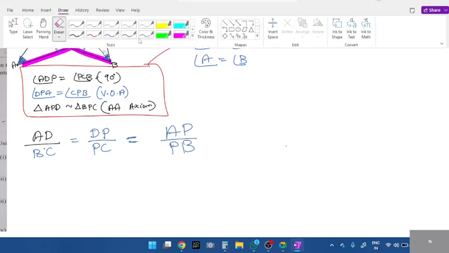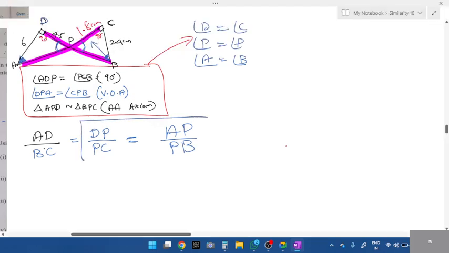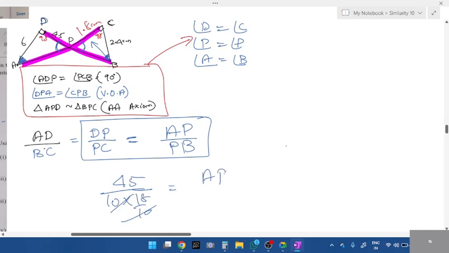We got this. Now let us use these two values. Tell me what do we get? DP value is how much? 4.5. I can write it as 45 by 10. What is PC? 10 and 10 get cancelled, right? AP divided by PB. Then reduce 45 and 18, students.